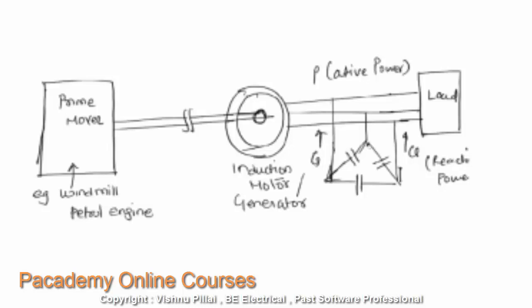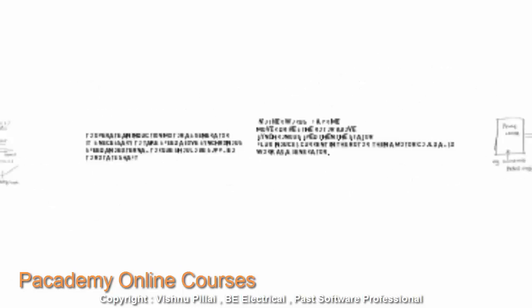But at the same time, the induction machine will require more reactive power for setting up the magnetic field and supplying the reactance losses, and this excess reactive demand may cause the power factor to go very low in the power system or the power grid which is being supplied by the induction generator.